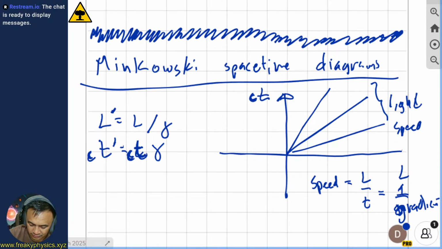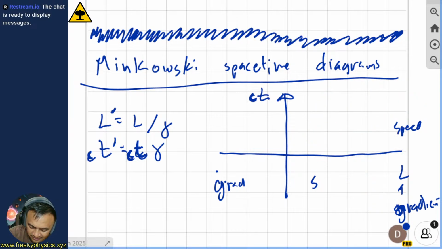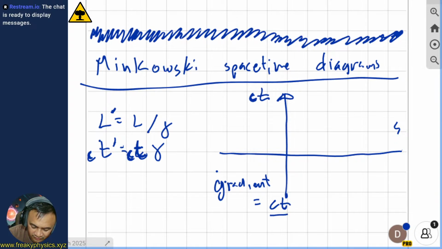Because we know that, if you find the gradient here, so let's get rid of these first. If we do the same idea and we find the gradient here, it will be equal to ct over L, right?